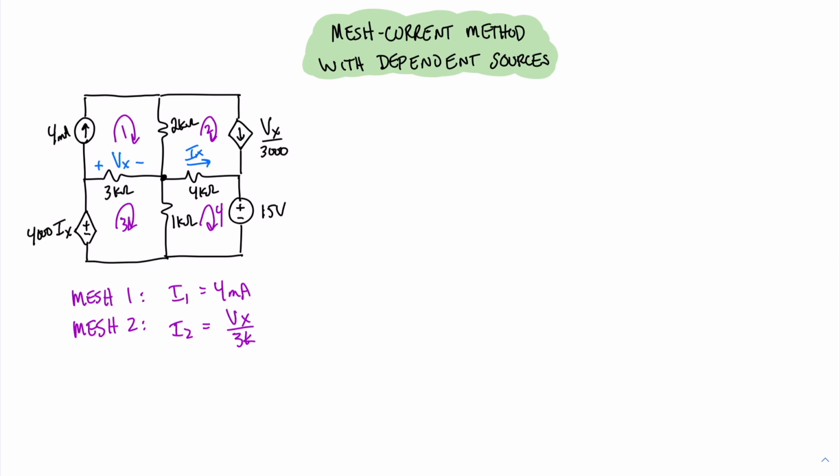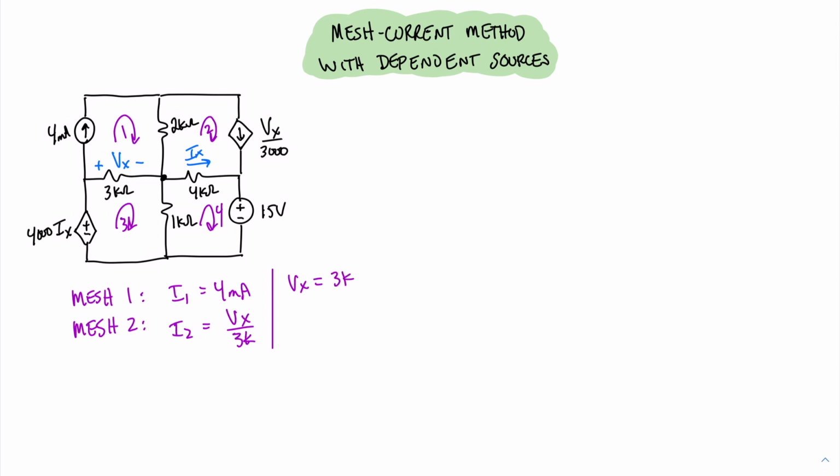So let's look real quick at what else we can say in this particular situation. Well, we can say something about the value of Vx. We can say that the value of Vx is equal to 3,000 times the difference between the I3 current and the I1 current.